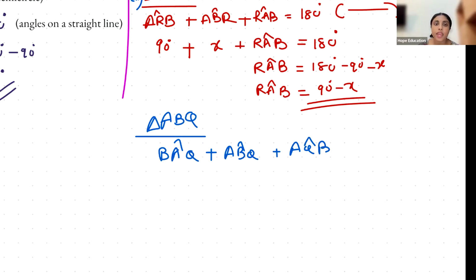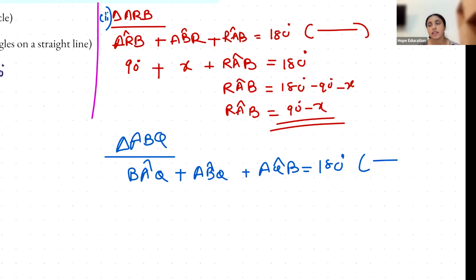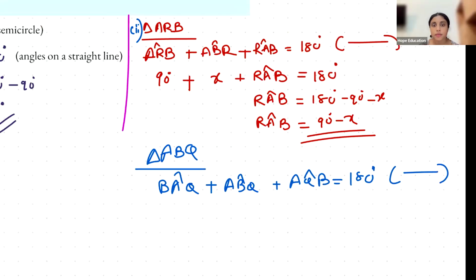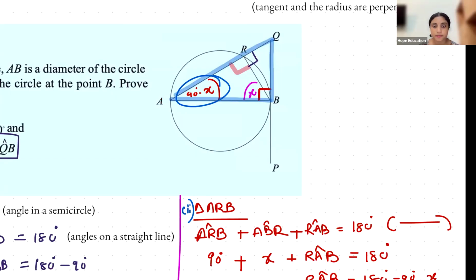BAQ is the same as RAB, which is 90 minus x. So I wrote 90 minus x.